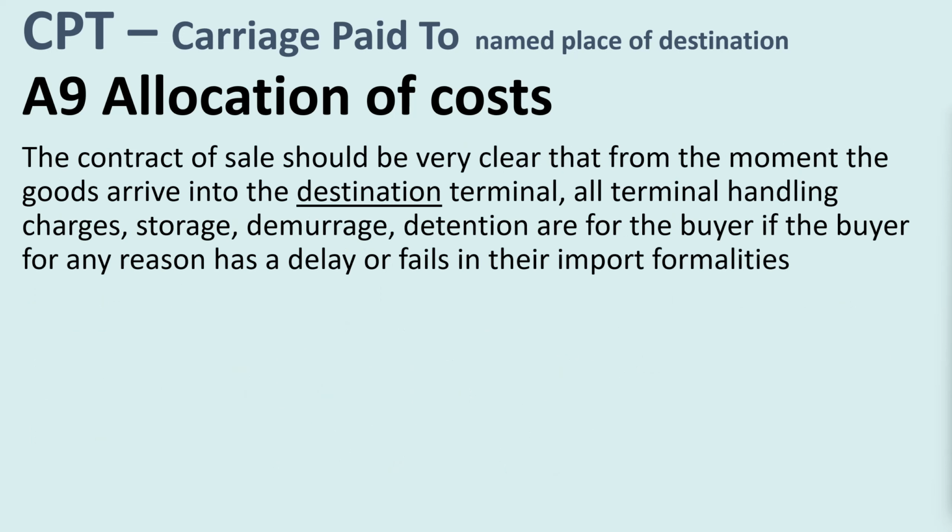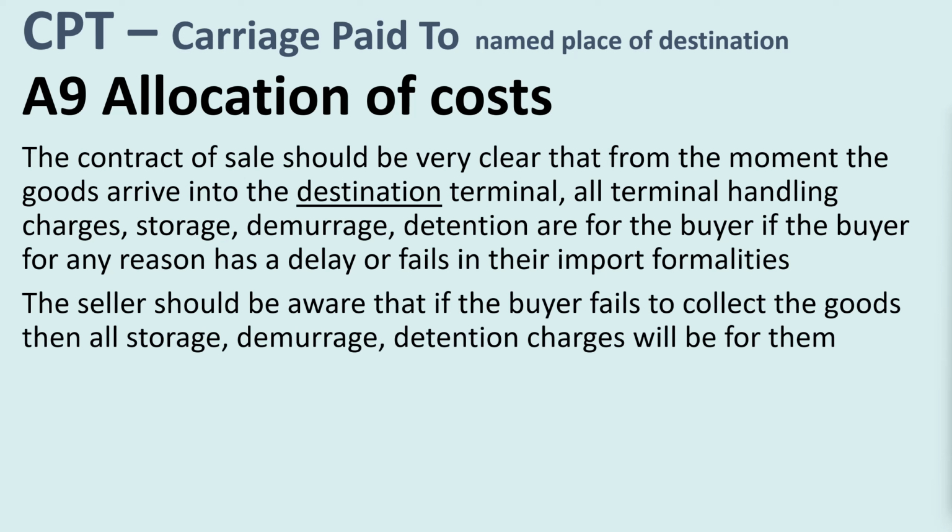The contract of sale, I suggest, should be very clear that from the moment the goods arrive into the destination terminal, all terminal handling charges, storage, demurrage, detention are for the buyer if the buyer for any reason has a delay or fails in their import formalities. The seller, though, should be aware that if the buyer fails to collect the goods, then all storage, demurrage, detention charges will be for them, the seller.